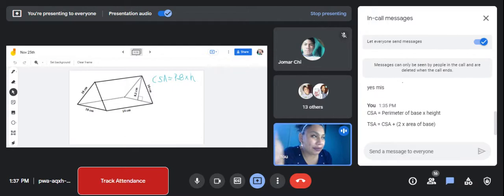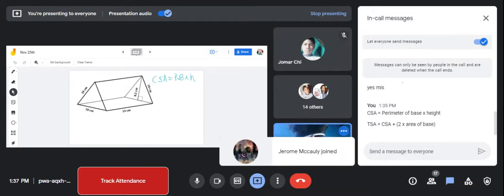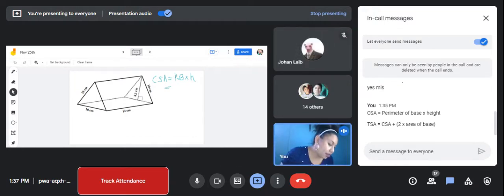What shape is the base? A rectangle. Very good. What is the formula for the perimeter of a rectangle?